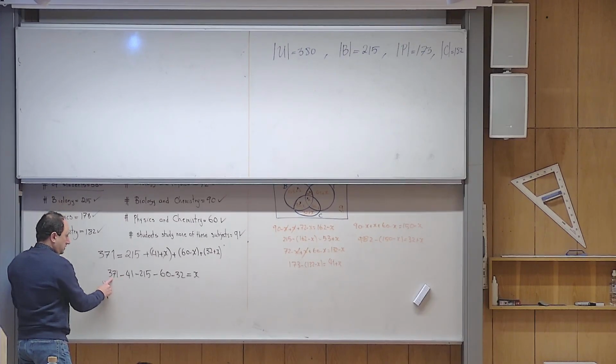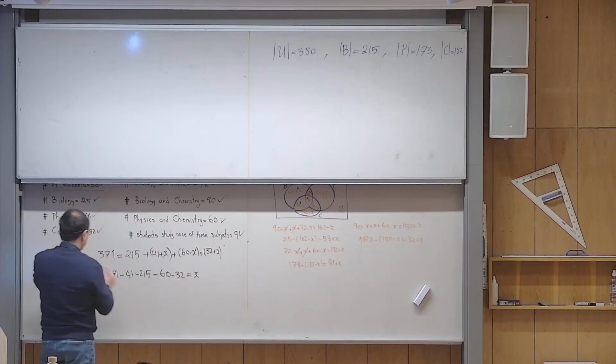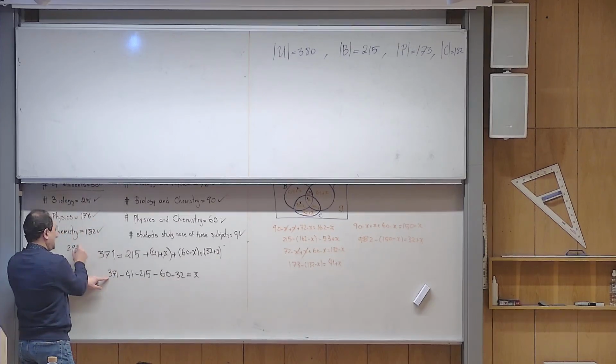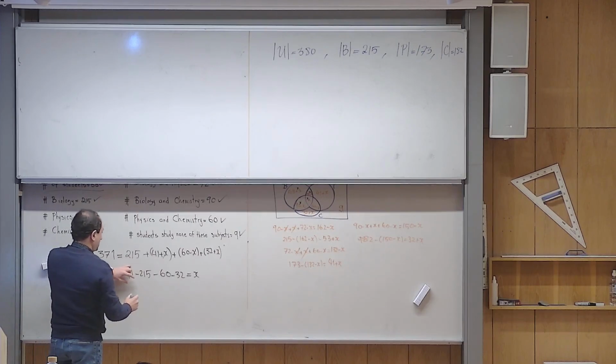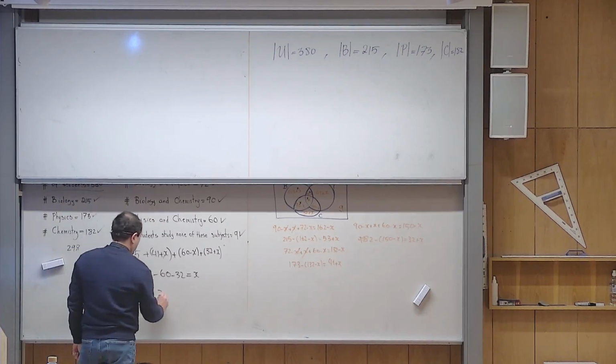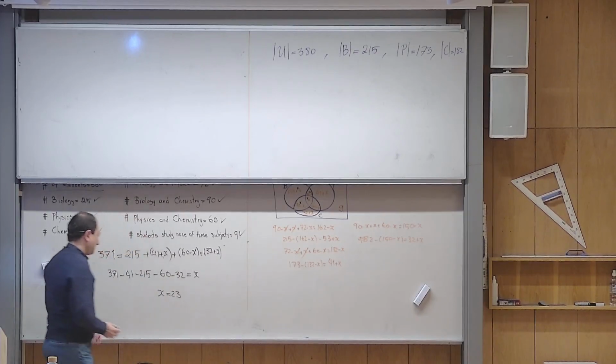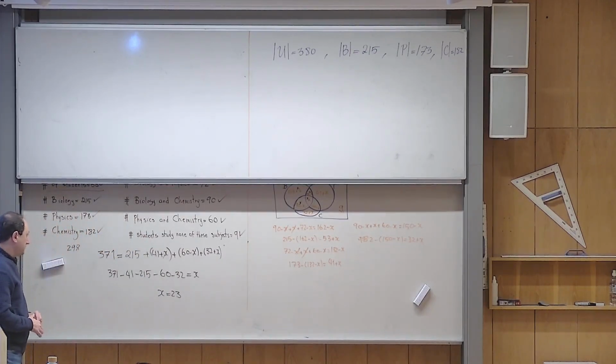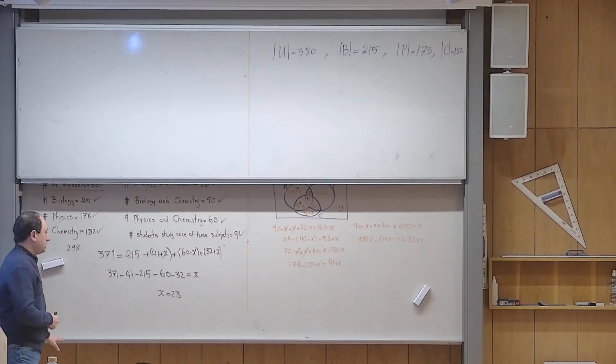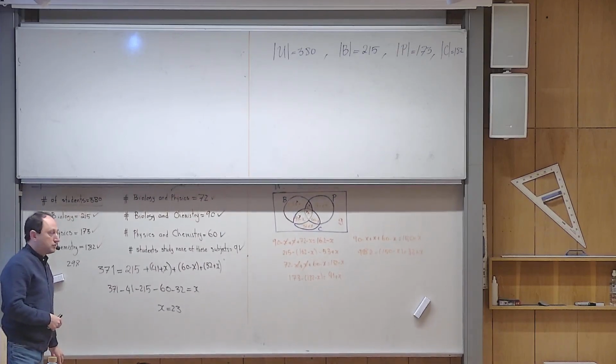This is 330, am I right? 330 minus 32 is 298. 298, and on the other hand, this is 275. 275 to here is 23. Yeah, so x becomes 23. If you have a calculator, please confirm that. Anyway, so x becomes 23.